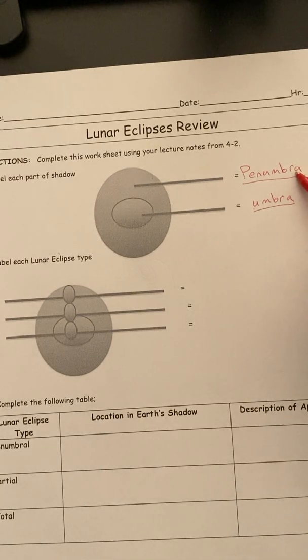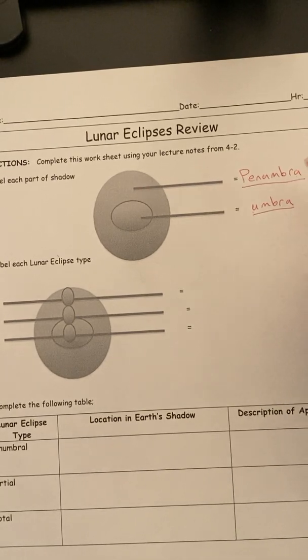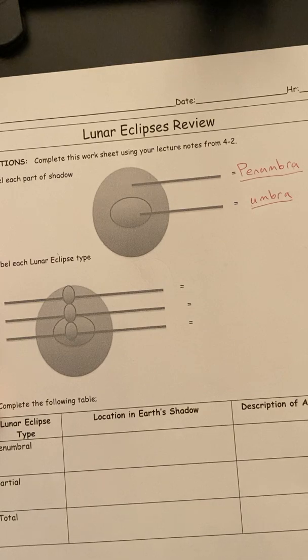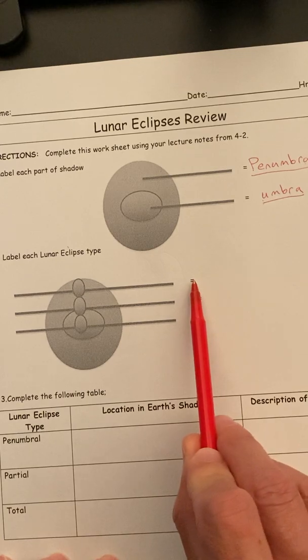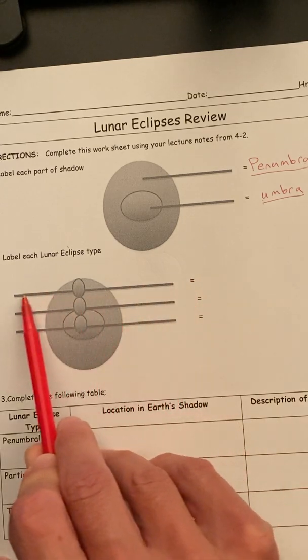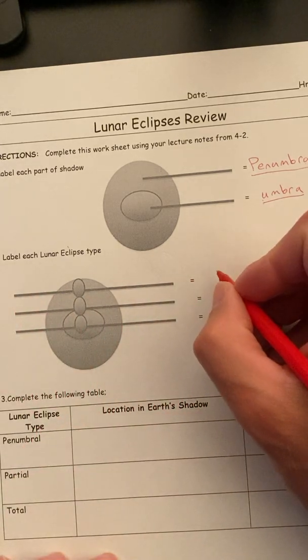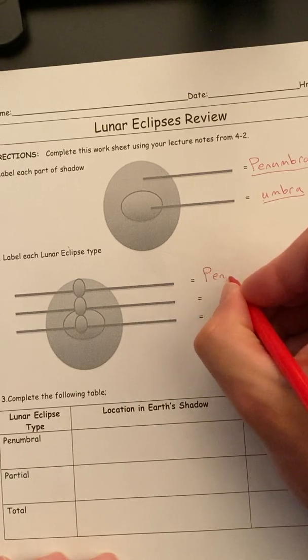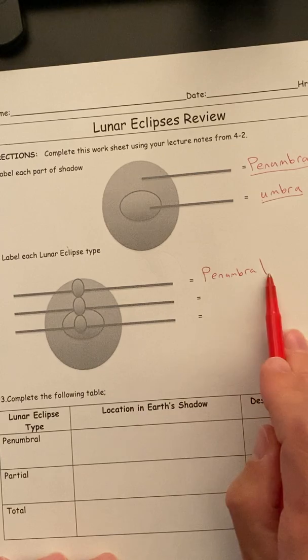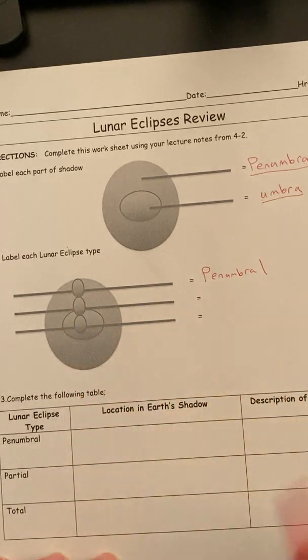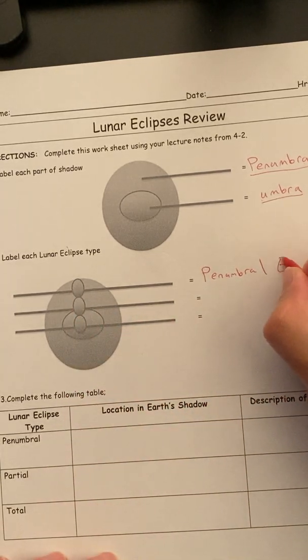The penumbra is a lesser shadow, maybe that's a way of thinking of it. So you have three things that could occur, right? You could have the moon pass just through the Earth's penumbra. That would give you a penumbral eclipse, penumbral because it goes through the penumbra. Kind of makes sense, right?